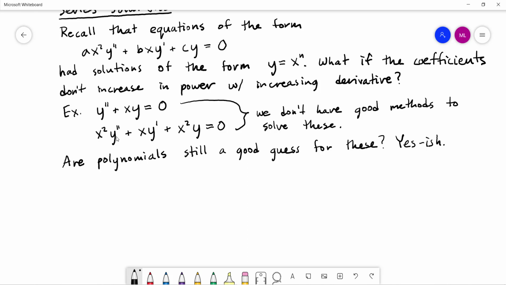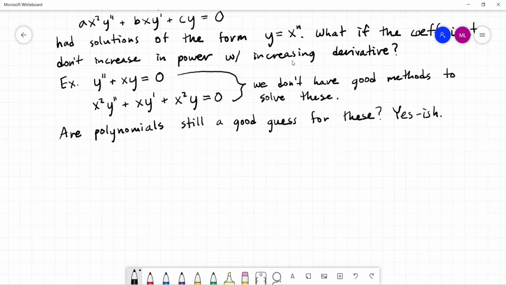It would make sense that polynomials would work in some of these problems because if we plug in polynomials for y, then y prime will be a polynomial, y double prime will be a polynomial, and at least these will all be the same class of functions. But the idea is we can't just pick something this simple anymore. Instead, we're going to guess infinite polynomials, essentially power series solutions.